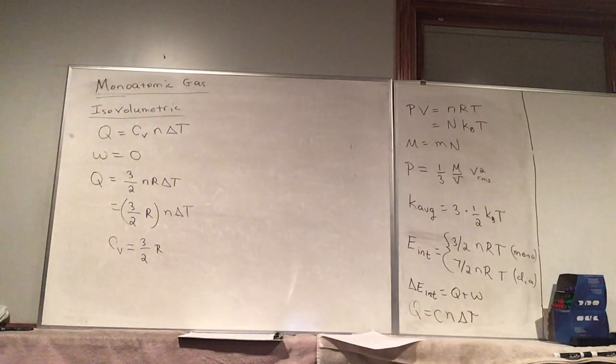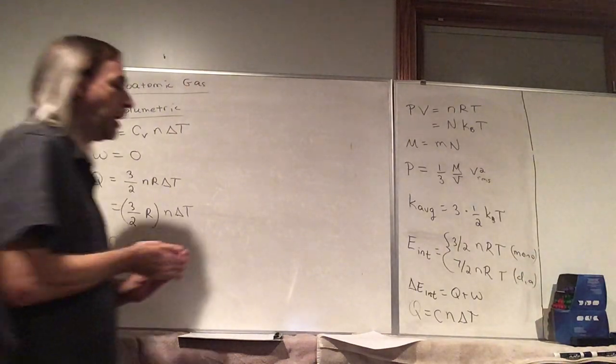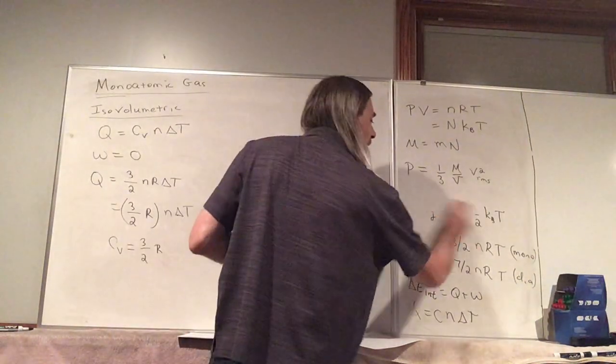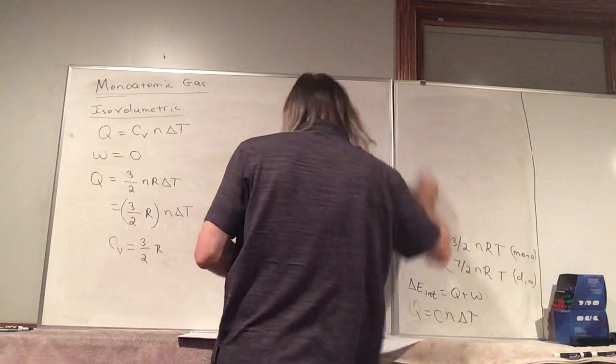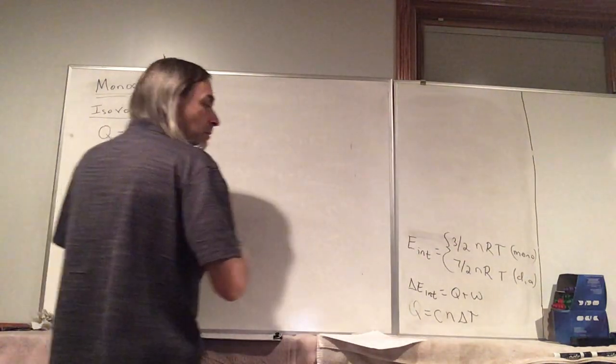Now I have to decide what, I think I'm going to rewrite our equation board on the right and just keep what we need for this particular lecture. I should have probably just done this from the beginning.